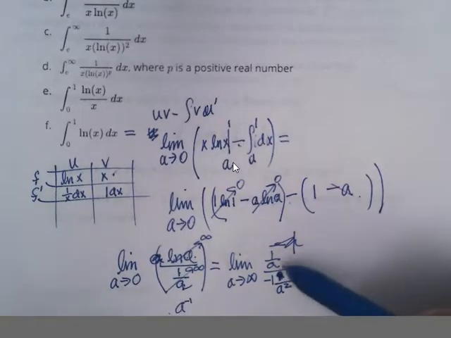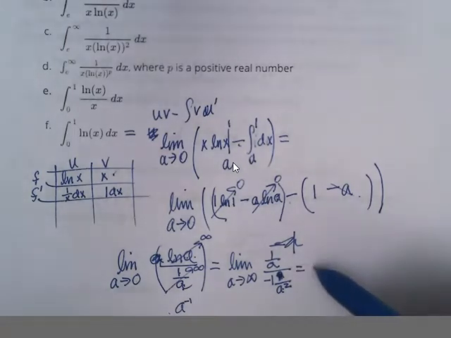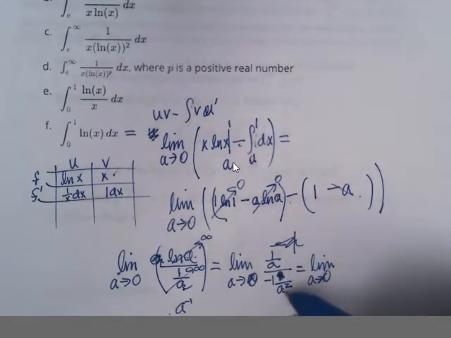And this a would cancel one of those, and we'd get the limit as a approaches 0 of, see, this 1 over a squared would come up as an a squared.